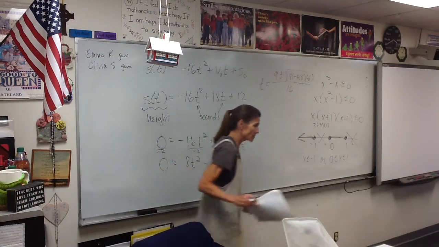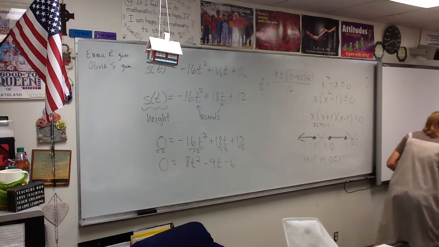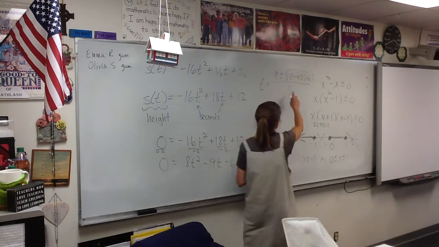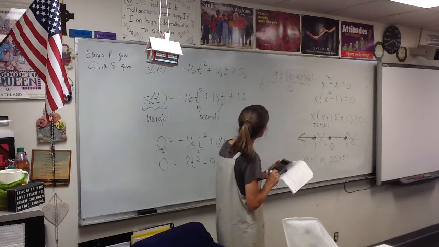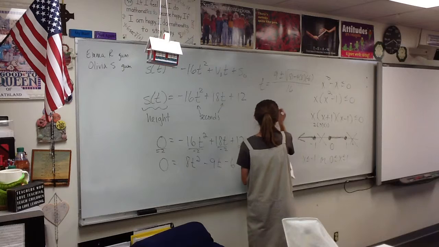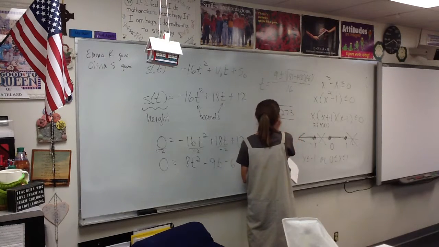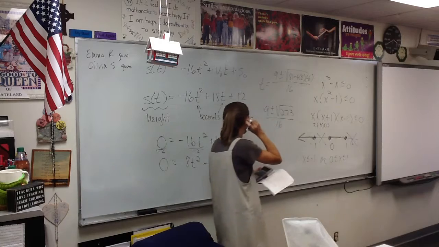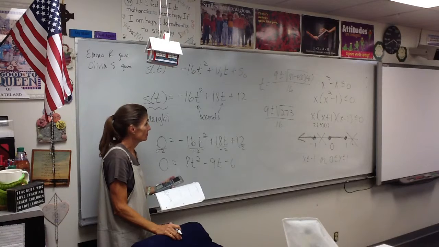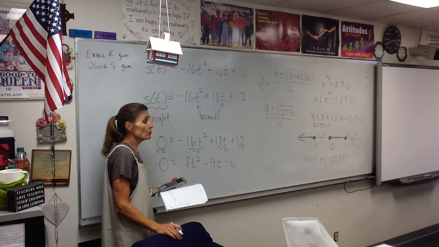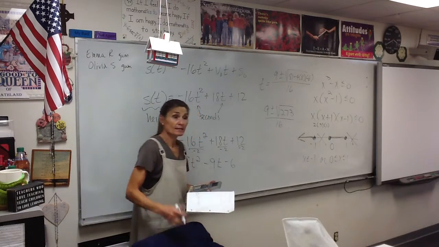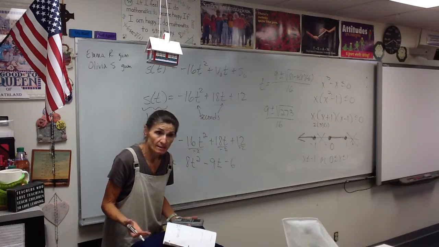So I hear the calculators coming out. I'm totally with you on that. I'm not going to do this by hand. Again, though, you've got a double negative there, so that's going to be a plus, right? Now we're going to do this on the calculator because the question was, when is the ball on the ground? And I'd like to be able to say 2.5 seconds or something like that.